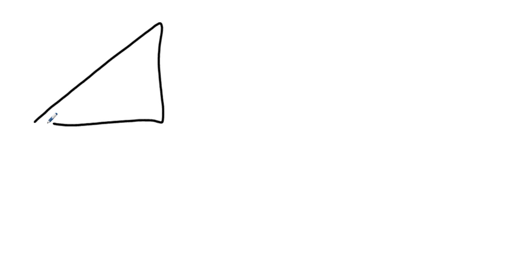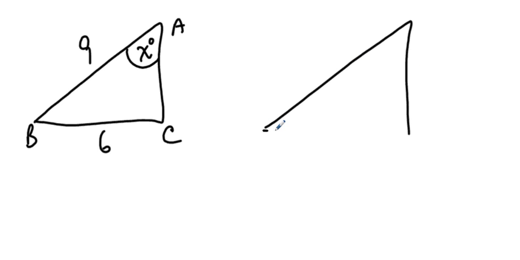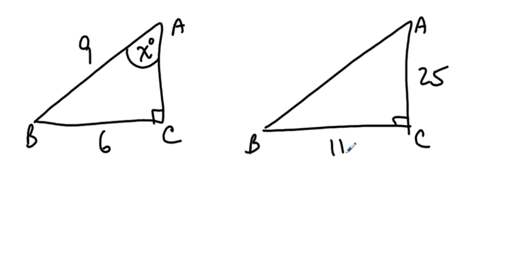Okay? Things you should know how to do. You should know that in triangle ABC, if AB is 9 and BC is 6, you should be able to find the measure of angle A. And similarly, right angle at C. If AC is 25 and BC is 11, this figure is totally not drawn to scale.